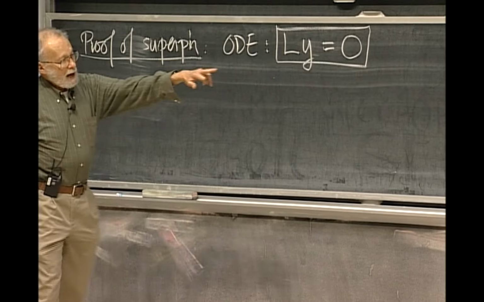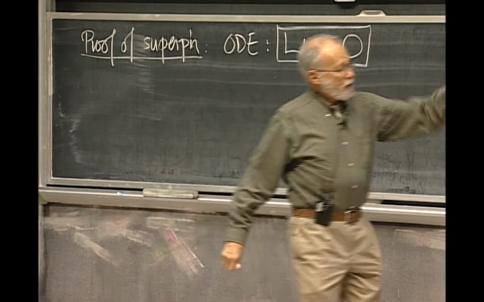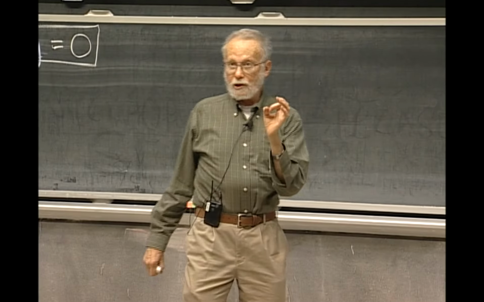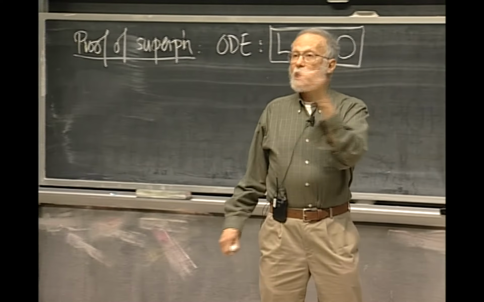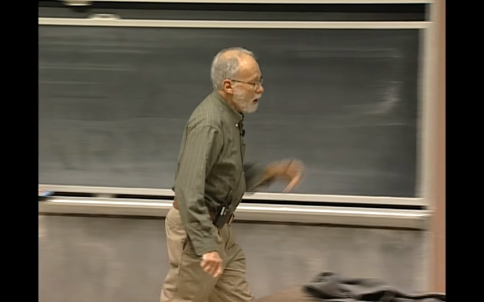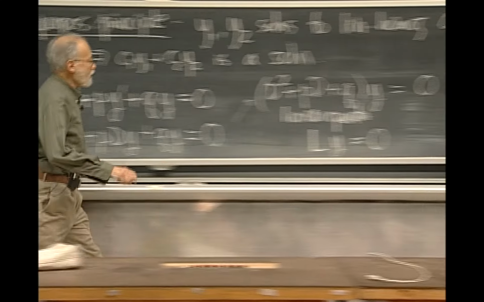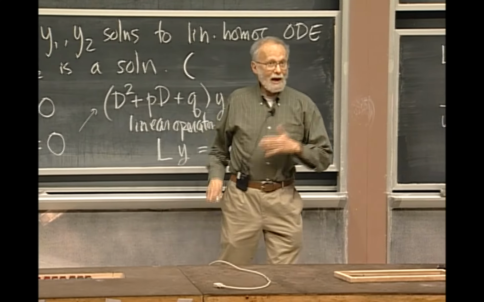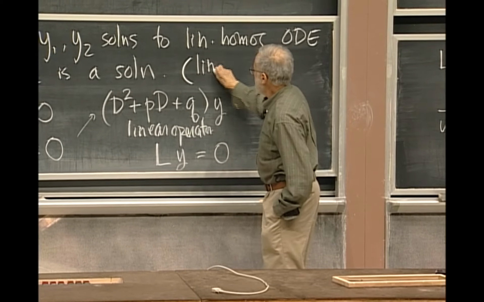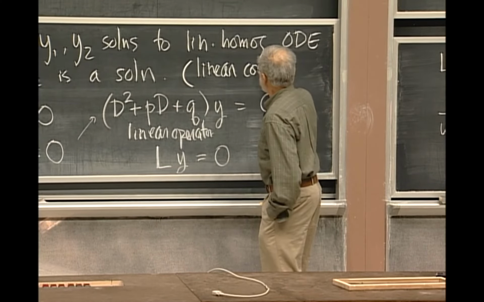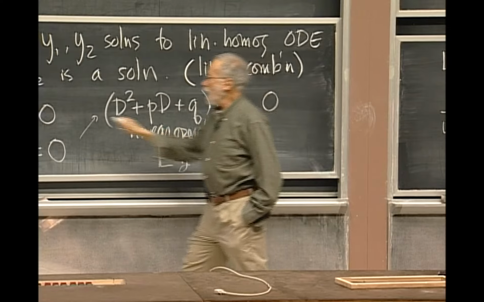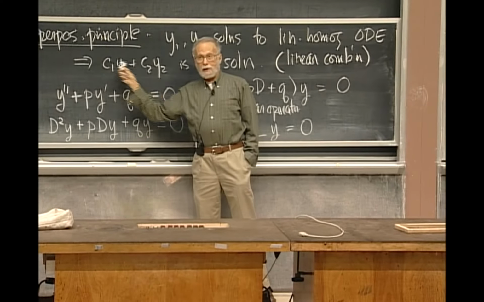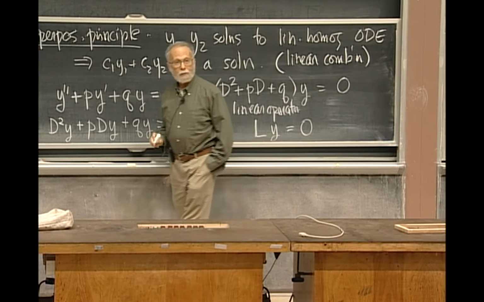And what am I being asked to prove? I'm being asked to prove that if Y1 and Y2 are solutions, then so is that thing. By the way, that's called a linear combination. Put that in your notes. Maybe I better write it even on the board because it's something people say all the time without realizing they haven't defined it. This expression is called a linear combination of Y1 and Y2.